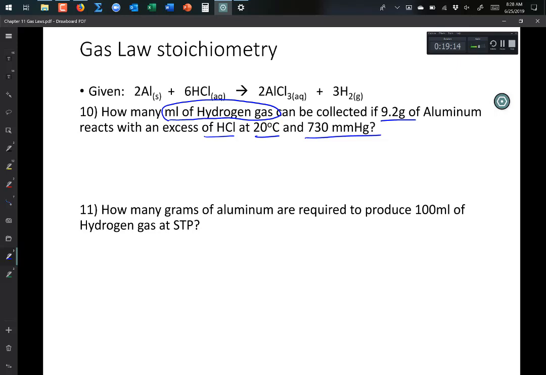And so you're going to write out, from this, aluminum is 9.2 grams. And I'm going to put PV equals nRT over here now. I have that on this side. And so I have to start putting this together. I have a pressure that's 730 millimeters of mercury.